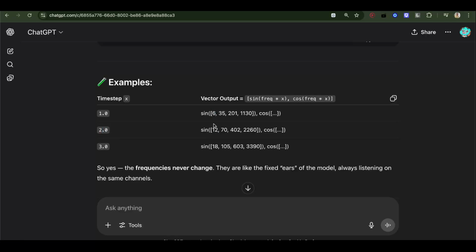So 6 times 2 or 6 times 3. And now you will pass in these values. You will calculate sine of each of these. So instead of passing in 3 as the number, you pass in these values when you calculate sine. So you pass in the wave, or I guess a few points on the sine wave and a few points on the cosine wave.